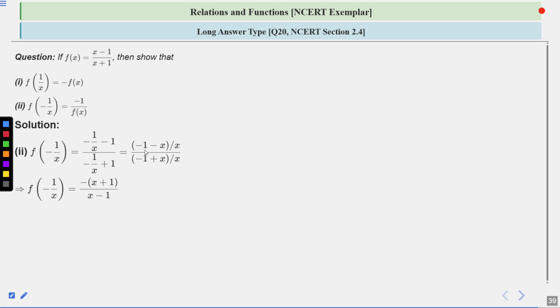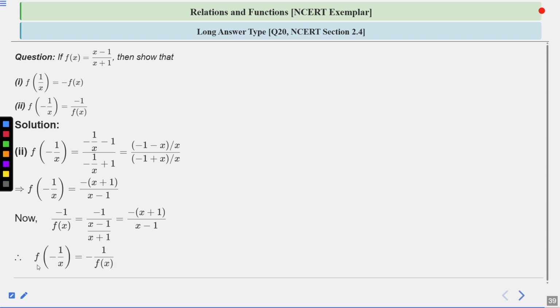We are getting minus of x plus 1 divided by x minus 1, which is simply minus 1 divided by f(x). Just observe that minus 1 divided by f(x), where f(x) is x minus 1 divided by x plus 1, rearranging the terms, we are getting minus of x plus 1 divided by x minus 1. This term and this term are both the same. So we are getting f(minus 1/x) is the same as minus of 1 by f(x).